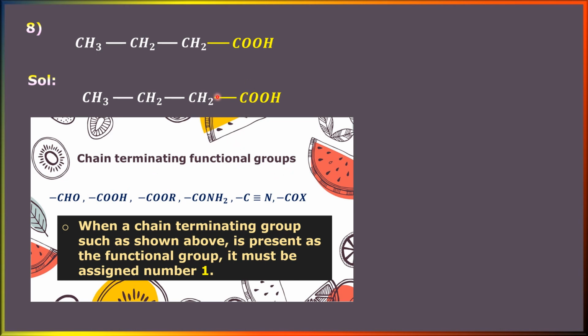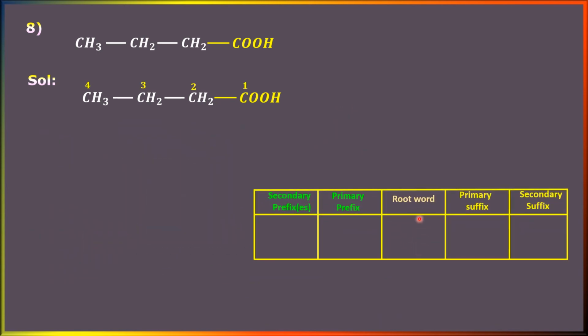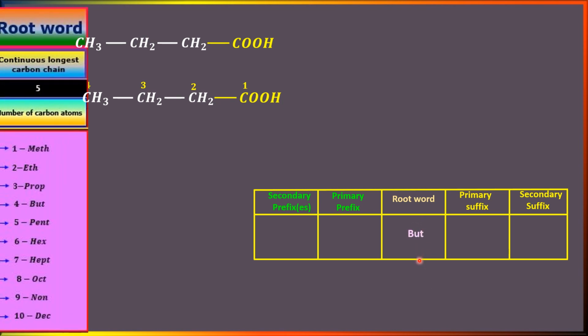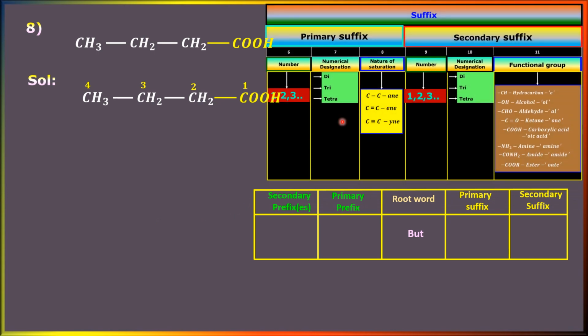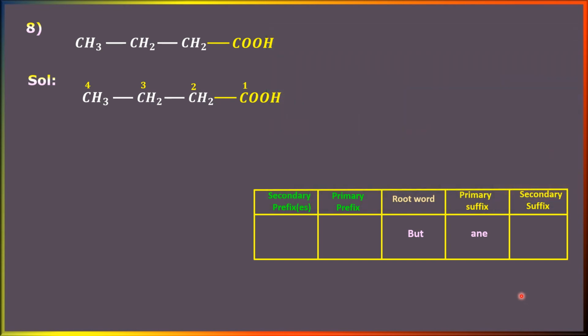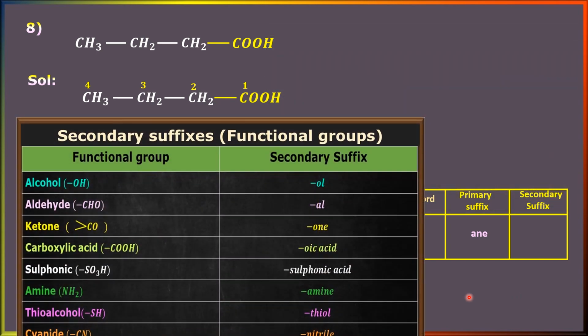So the carbon atom in that functional group should be included in the parent chain and it must be numbered 1. Now 4 carbon atoms are there, so the root word is but. Next, primary suffix is ane because only carbon single bonds are there. Next, secondary suffix, carboxylic acid COOH functional group means it is oic acid.